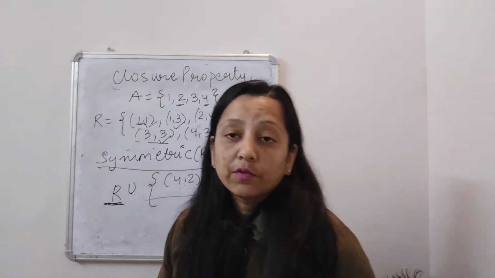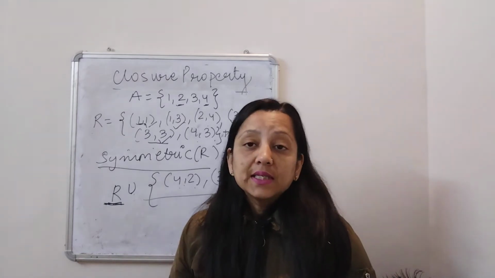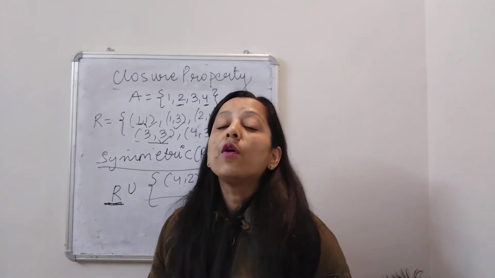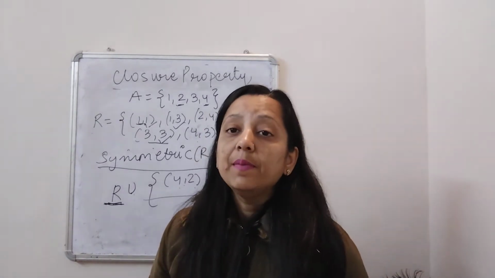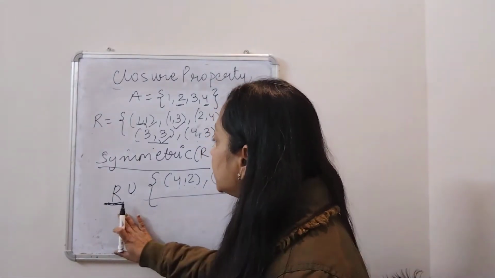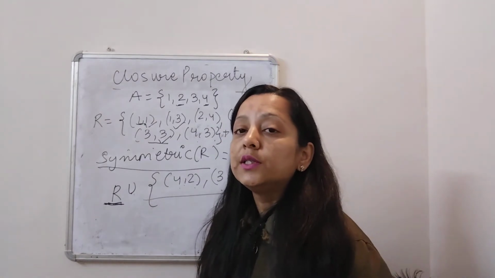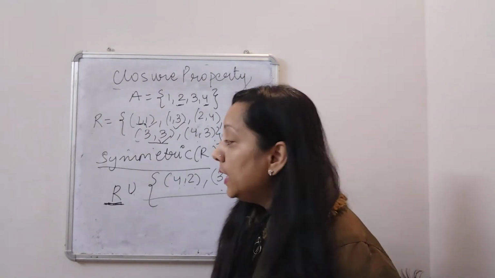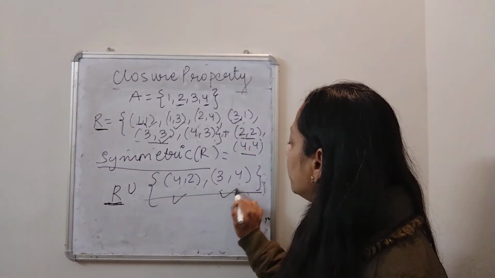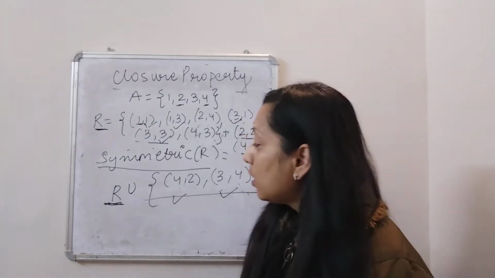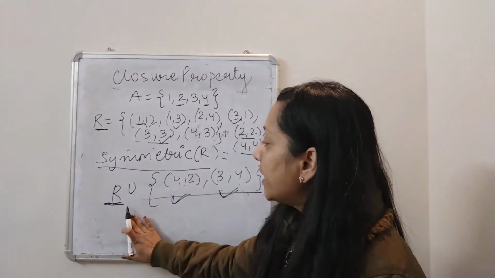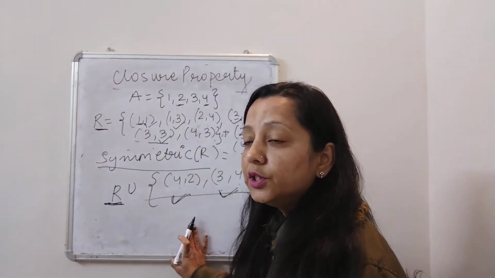So this is the definition of closure: to an already existing relationship set, if I add the minimum number of required elements which help to achieve the property, then this is known as the closure of a relationship R. Like here in the symmetric case, to the already existing relationship R, I added these two minimum required coordinate pairs to achieve the symmetric closure. So it becomes the symmetric closure of the relationship set R.